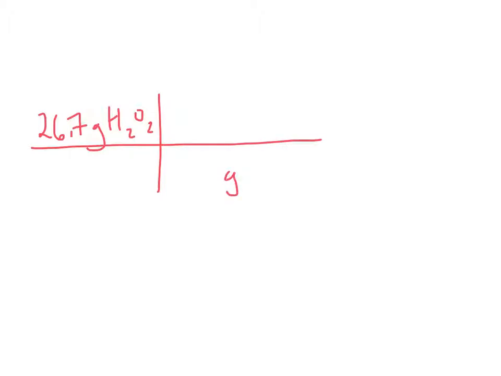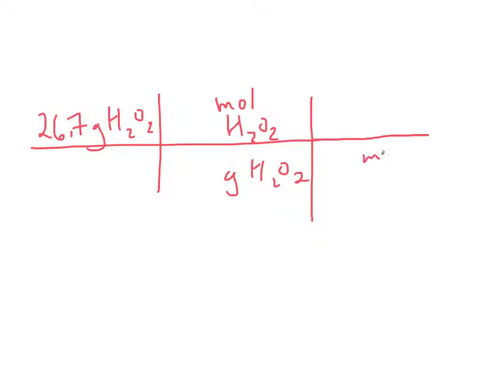We know that we're allowed to change grams of hydrogen peroxide into moles of hydrogen peroxide, which is just the molar mass. We also know that we're allowed to change the moles of hydrogen peroxide into molecules of hydrogen peroxide.